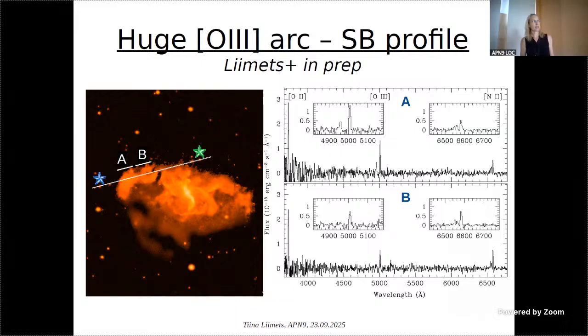The only thing we can say is that in position B, the nitrogen-2 and the oxygen-3 have similar flux levels, so probably it's a low excitation nebula, but whether it is a planetary nebula type or maybe from a nova type eruption, we cannot really distinguish.